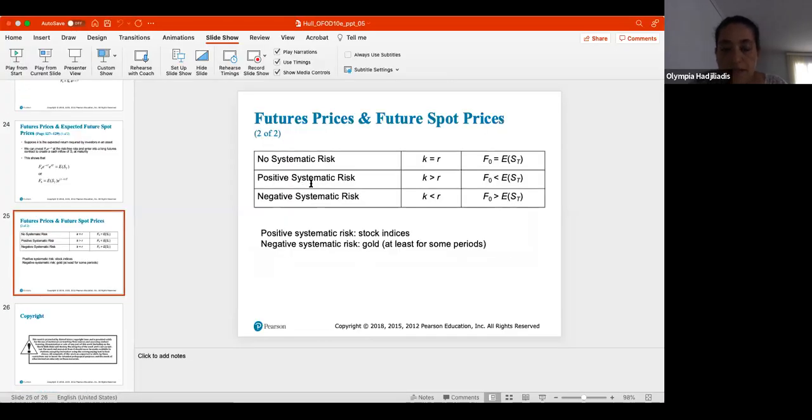So the index has positive systematic risk. What it has is that k is greater than r.